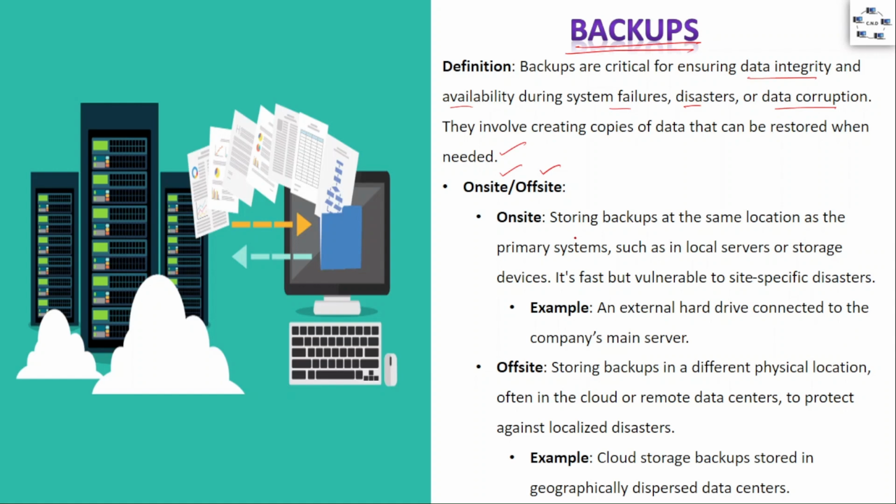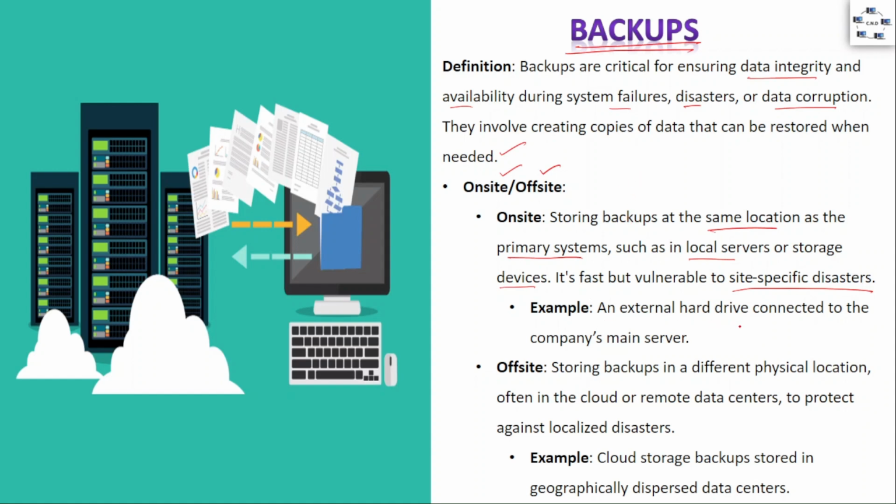So the on-site backup is storing backups at the same location as the primary system, such as in local servers or storage devices. It's fast but vulnerable to site-specific disasters. As we already studied, when you store the backup inside your primary data center, you are liable to natural disaster.